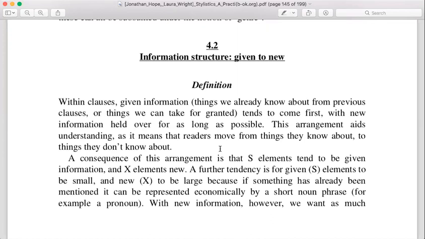Then the new information, which we would be indicating with X, would consist of a larger structure, because that needs an elaboration. So the text structure would be something like SX and SX and all that, right?